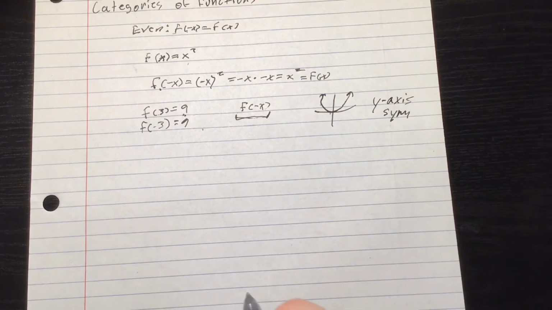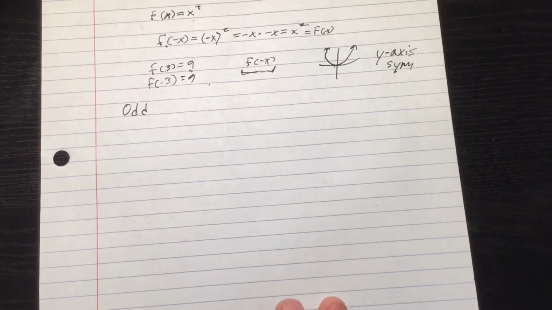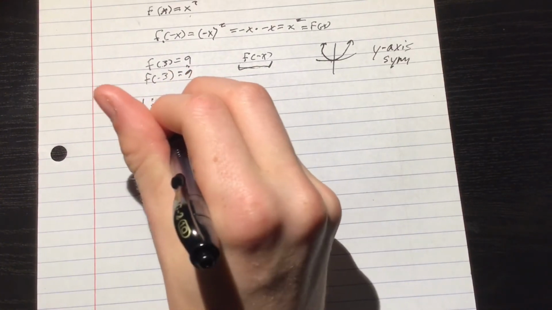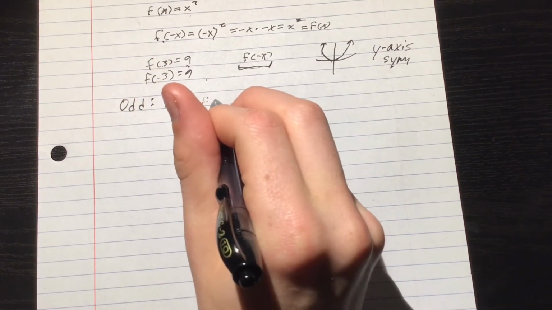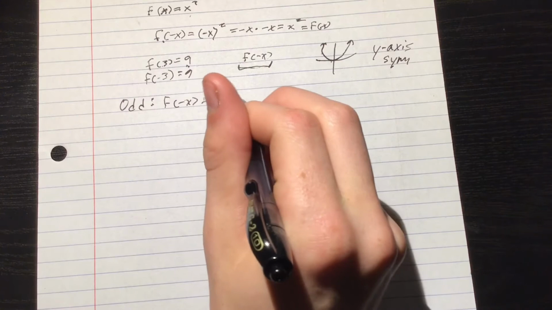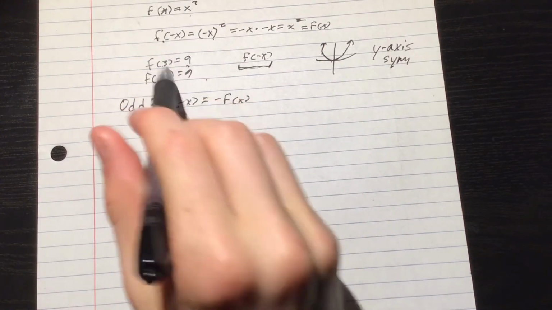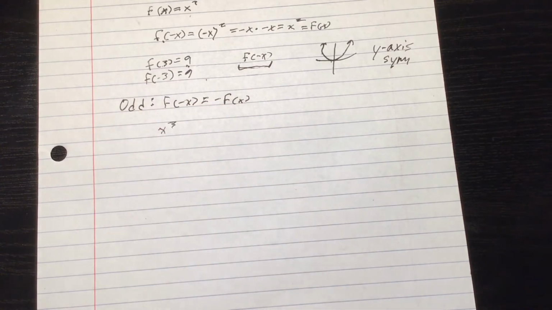The second type of function is an odd function, and an odd function, different than an even function, is defined as a function where f of negative x equals, not f of x, but negative f of x. So if we think about this in the same way, let's see if x cubed is odd.